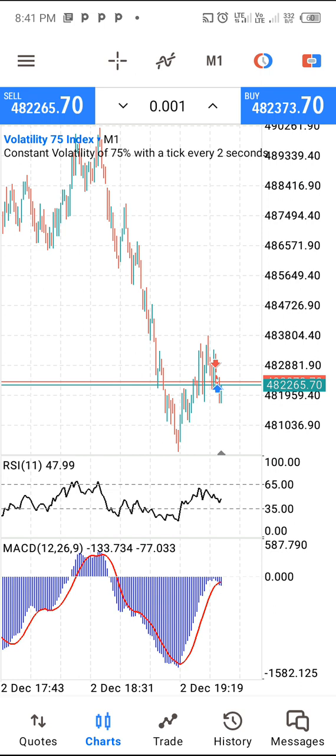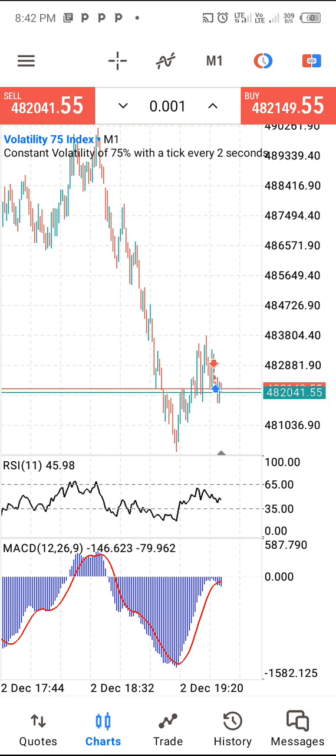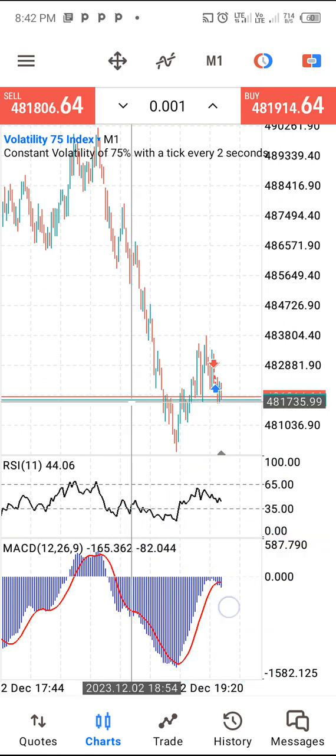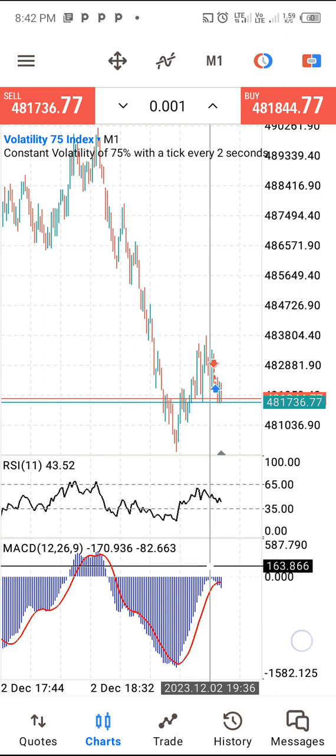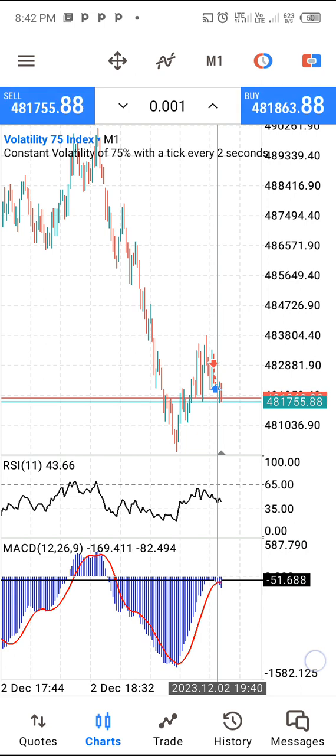Then I also wait for the MACD red line to go above 0.00. Use your marking line like this to check it. You see right here, that's where I took my trade.